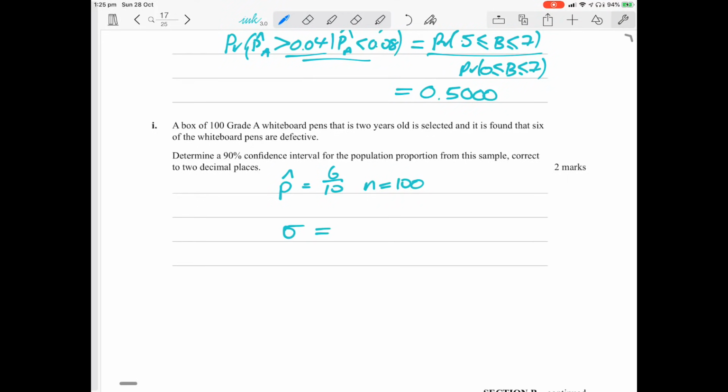So my standard deviation is the square root of p times q over n, 6 on 100 times 94 on 100 over 100, which is 0.0237. So my confidence interval, I'm just going to use my CAS.